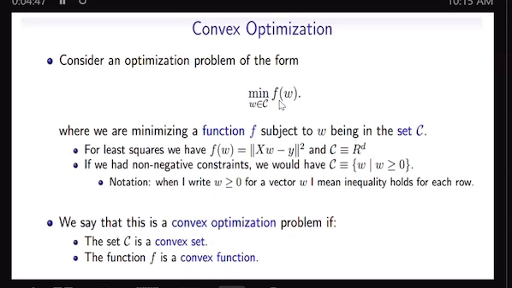But let me tell you this. If I want to minimize a function, I need to investigate the convexity of that function. Why is convexity very important? Because all convex functions are very easy to optimize. I'm going to say that again. Why do I need convex functions?